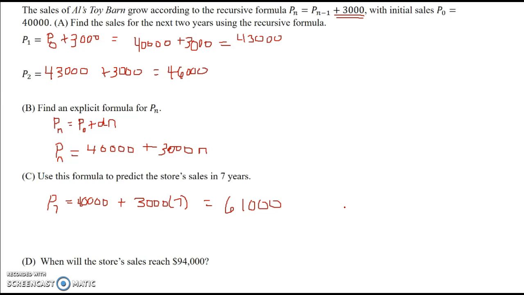Now it says, when will the store's sales reach 94,000? Well, I'm going to put 94,000 in place of P sub n, and then I'm going to find out what n is. So 94,000 is equal to 40,000 plus 3,000 times n. So the first thing I'm going to do is subtract 40,000 from both sides.